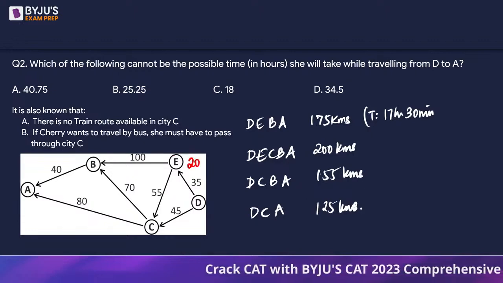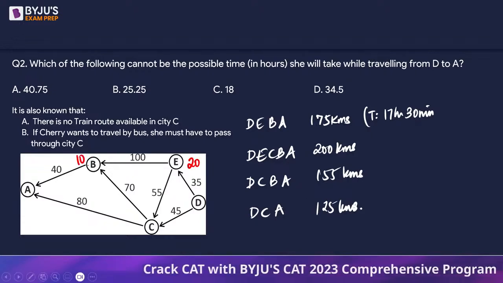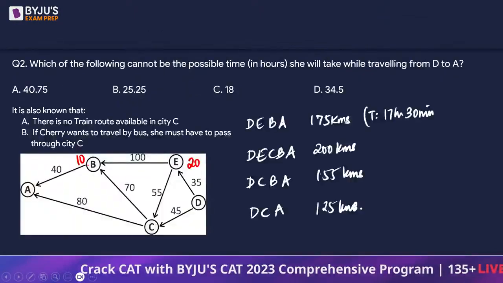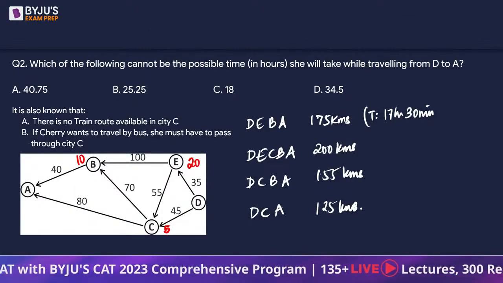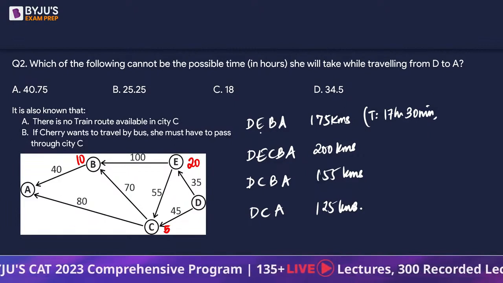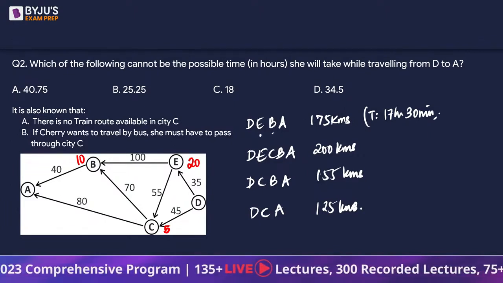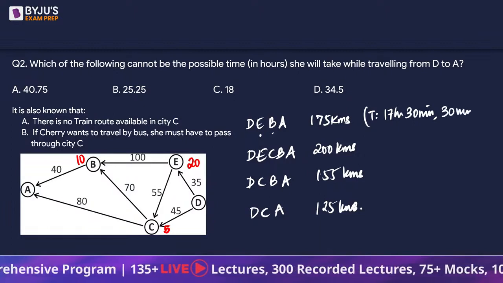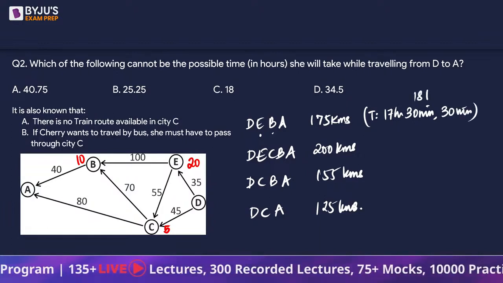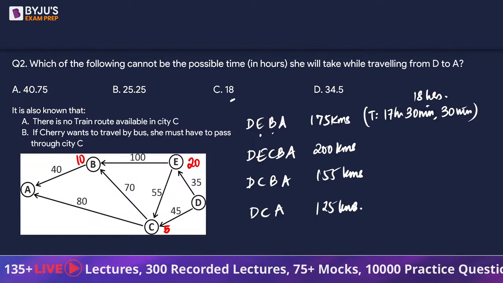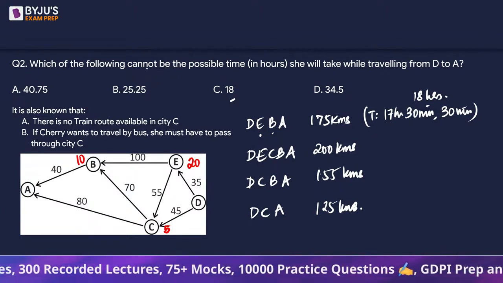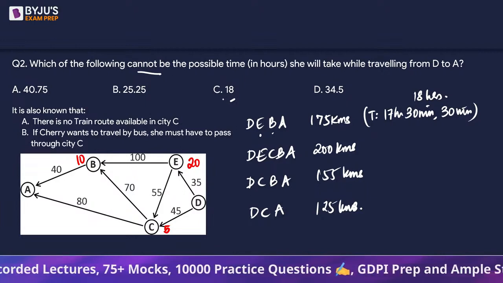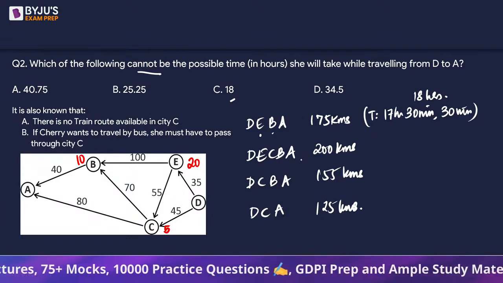We have 20 at E and 10 at B, right? And 5 at C, of course. So 17 hours, 30 minutes, and then another 30 minutes, one stoppage at E and another at B. So this is going to give us 18 hours. So can we say 18 hours is a possible time? It is asking us cannot be possible. So this is a possibility. Okay? So 18, C option is not the answer.